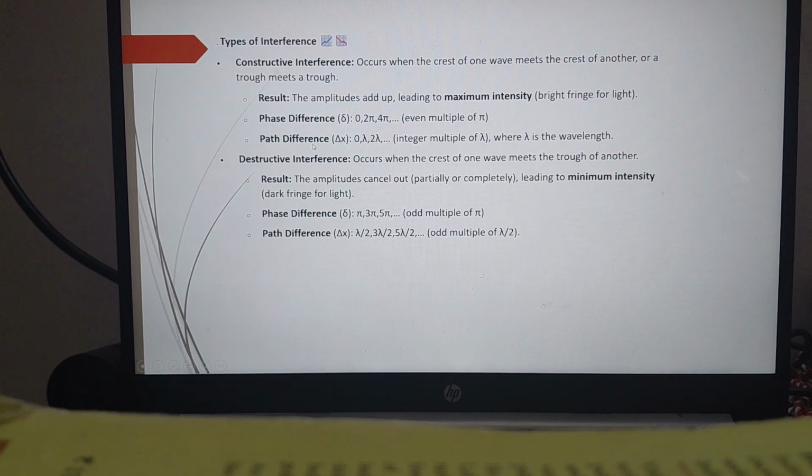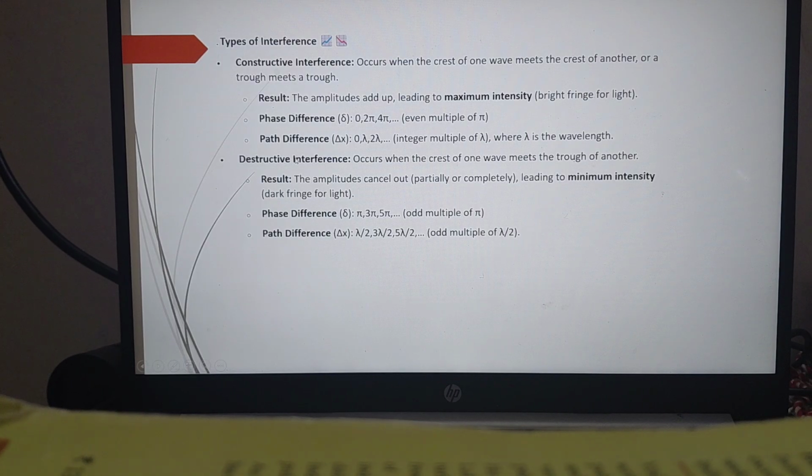The phase difference, represented in radians, is 0, 2 pi, 4 pi, that is, an even multiple of pi. The path difference, delta x, equals 0, lambda, 2 lambda, 3 lambda, that is, an integer multiple of lambda, where lambda is the wavelength.